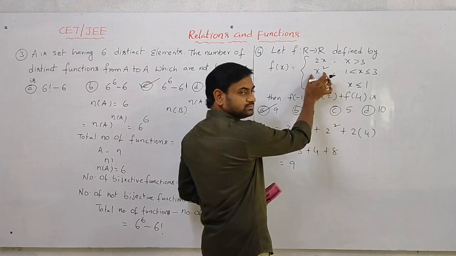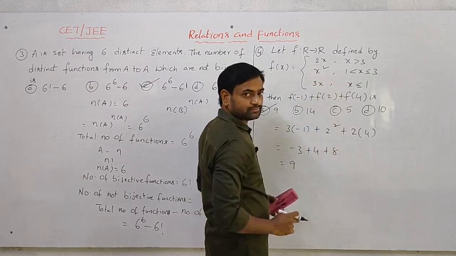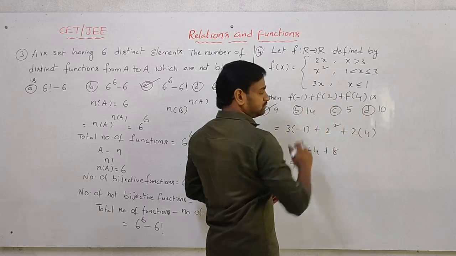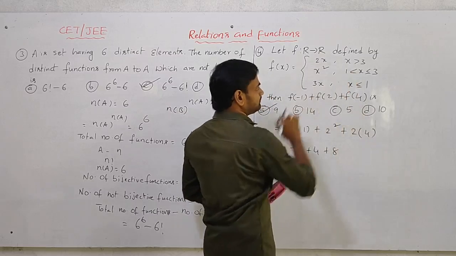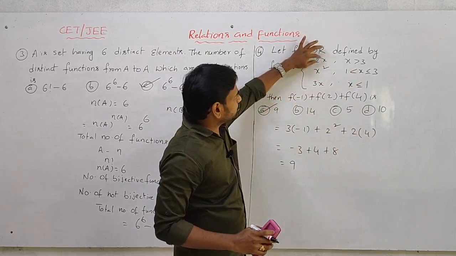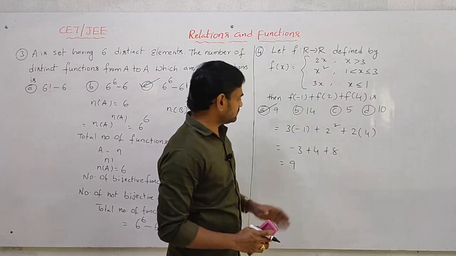Then take this function, just substitute in place of x is 2. That is 2 square. Plus 4. 4 belongs to this interval. So take this function 2x and substitute x value is 4. That is 2 into 4. And simplify. So answer is 9.